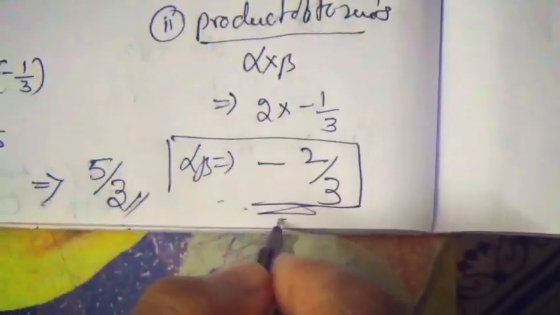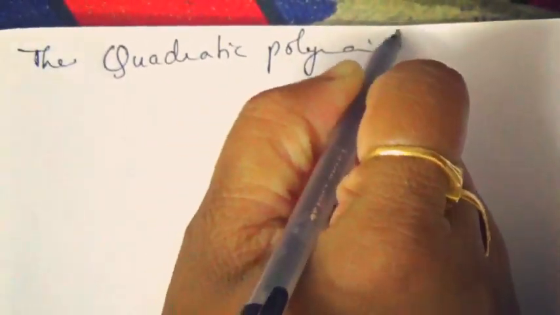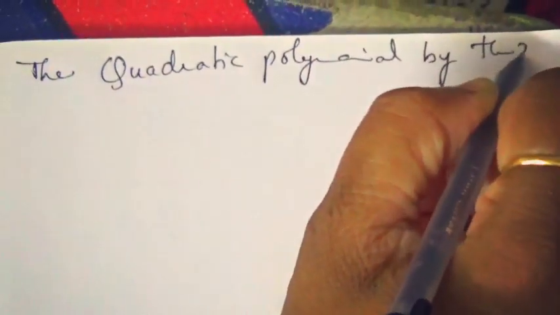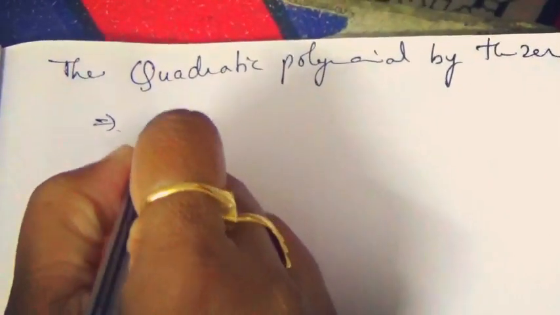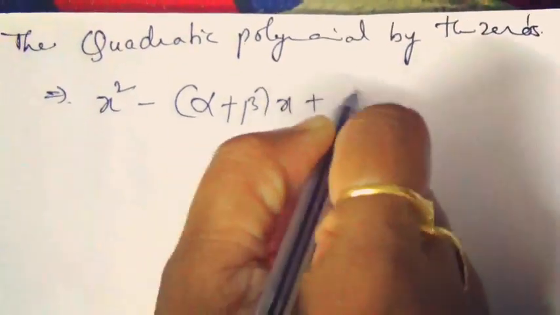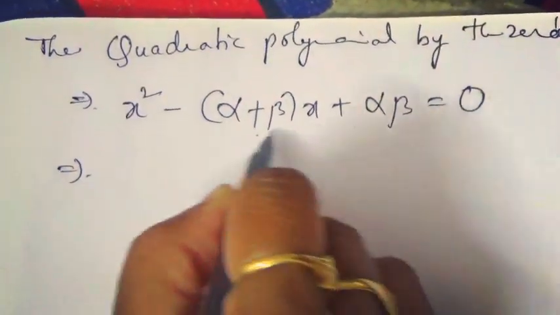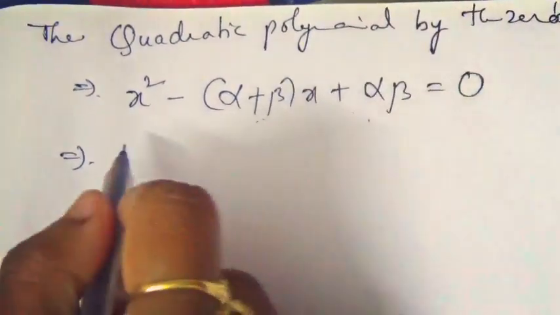By using these two, we substitute in the given formula for the quadratic polynomial by the zeros: x square minus alpha plus beta into x plus alpha beta is equal to 0. We already found alpha plus beta and alpha into beta.